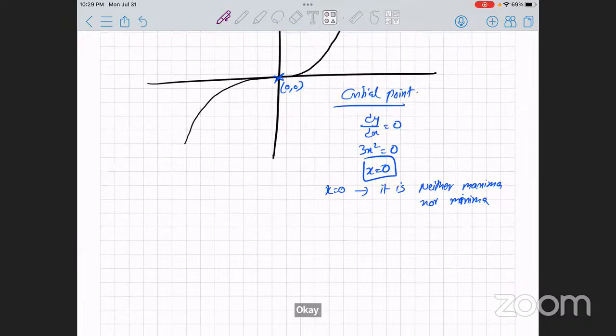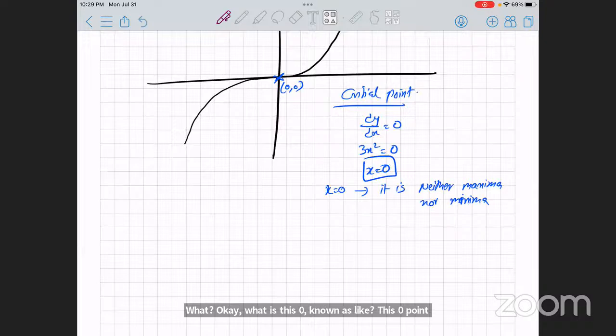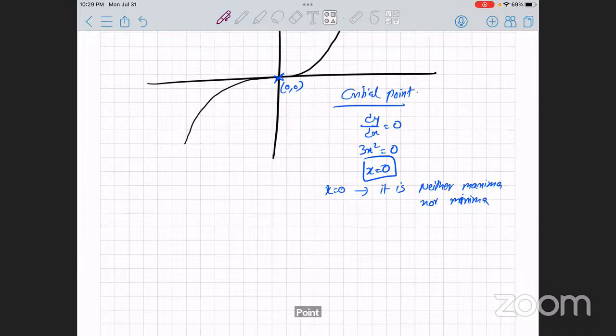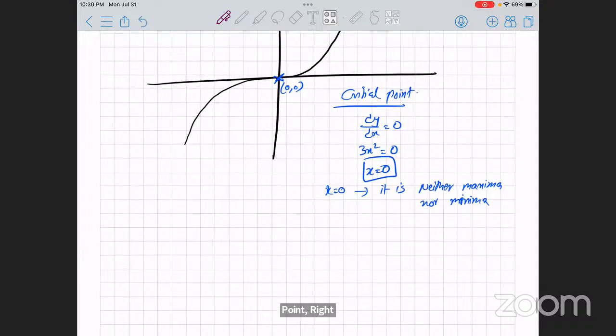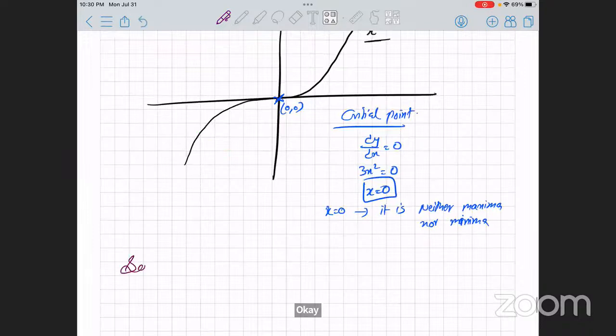What is this 0 point known as, when it is neither maximum nor minimum? Point of inflection. Saddle point.